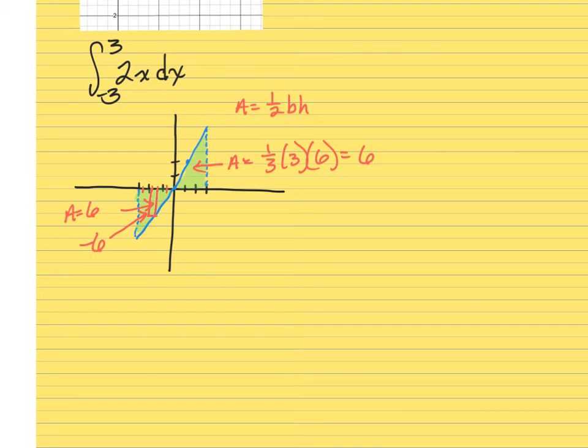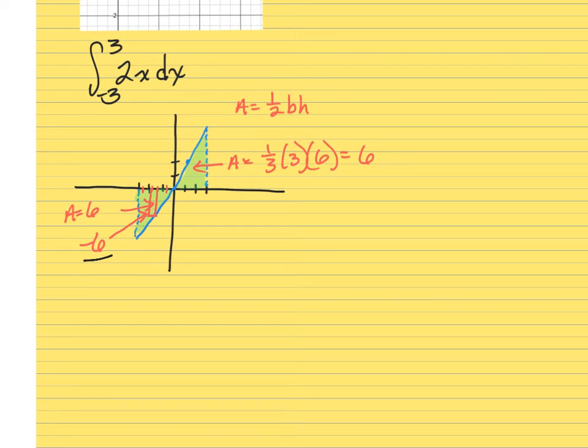So when you multiply the negative value times the width, the delta x, you're going to get a negative. So the Riemann sum actually sees any area below the x-axis as a negative area. So that's why we have the -6.